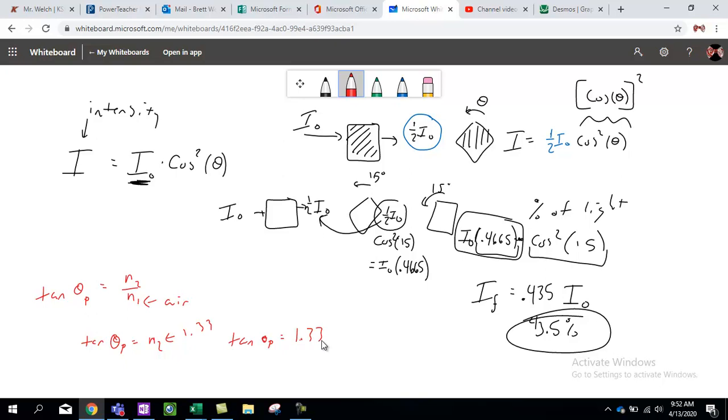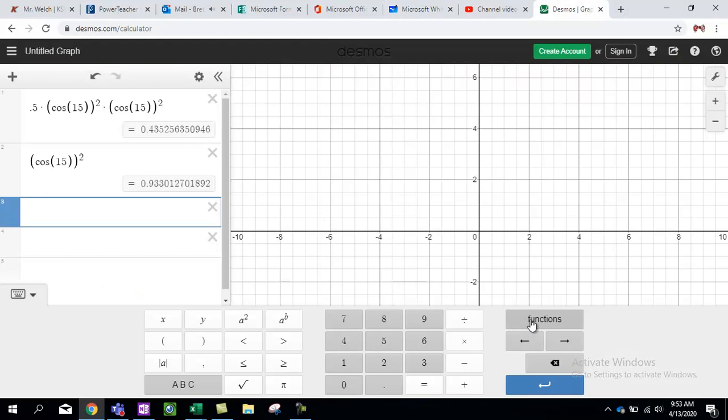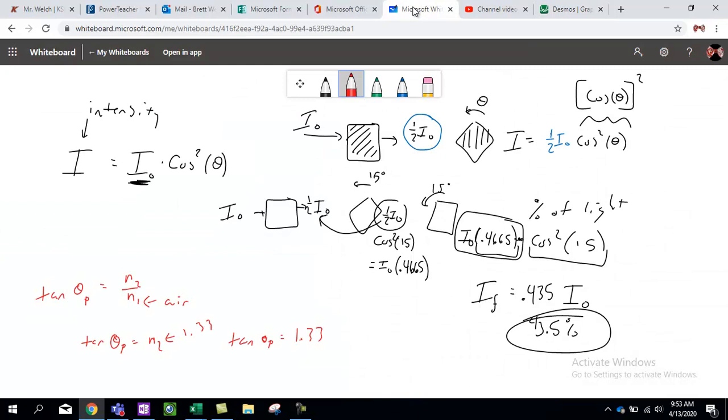So let's go in and calculate that with Desmos. That would be tan inverse of 1.33. That's 53.1 degrees. What this tells me is that theta p is 53.1 degrees.